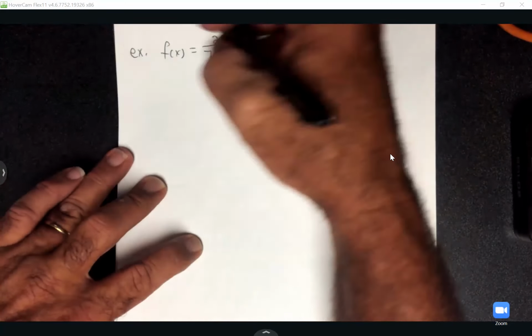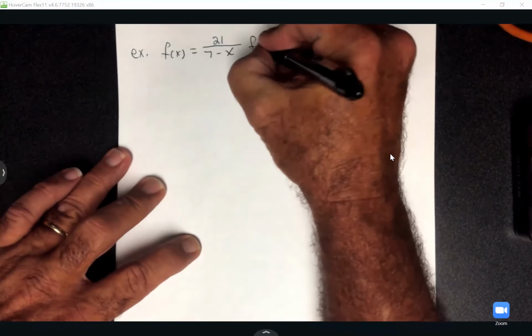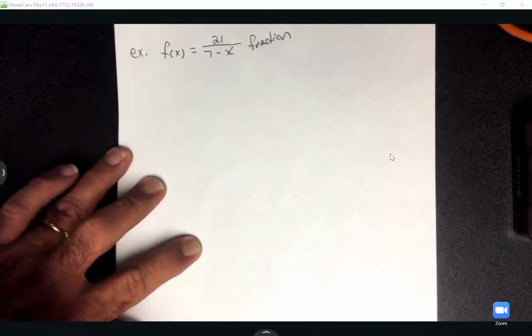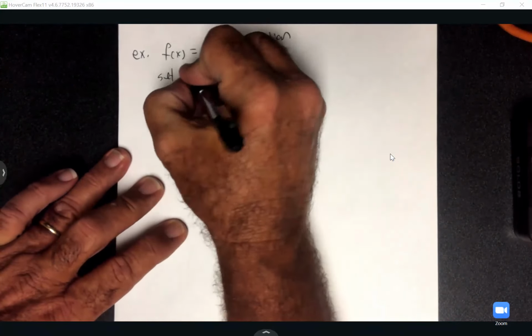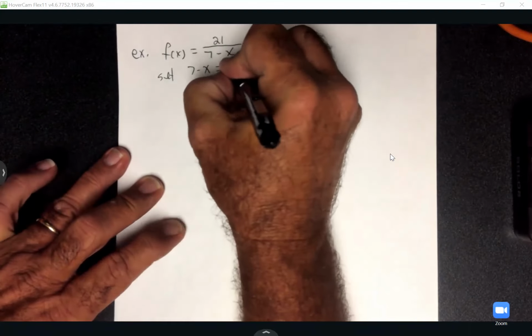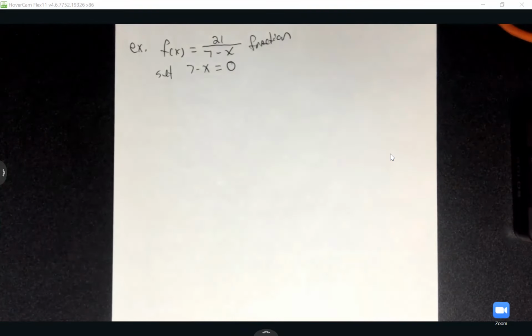Yeah, because that's 7 minus x on the bottom, right? Because we do have a fraction. So since we got a fraction, we're going to have to set that 7 minus x equal to 0. And that'll give me one specific number that I must kick out.